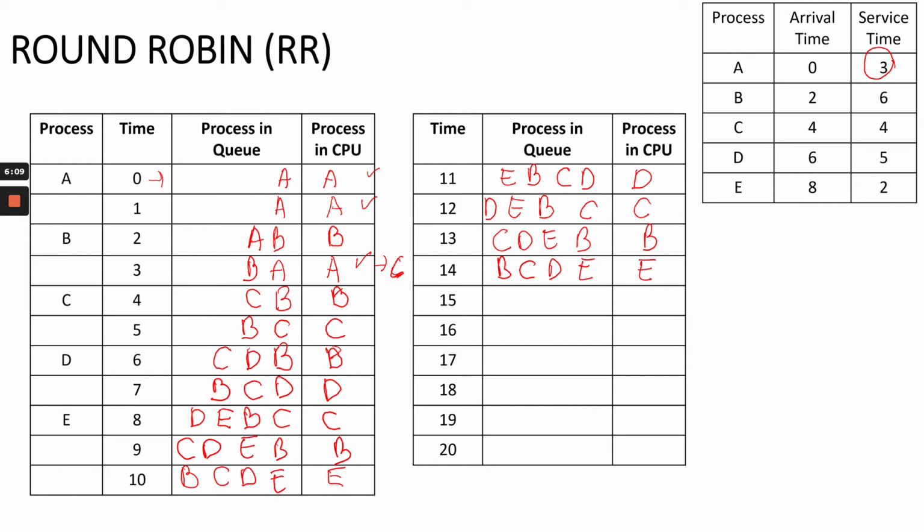Now process E has completed its 2 time steps of service time, so process E is complete. So we repeat with the remaining processes.